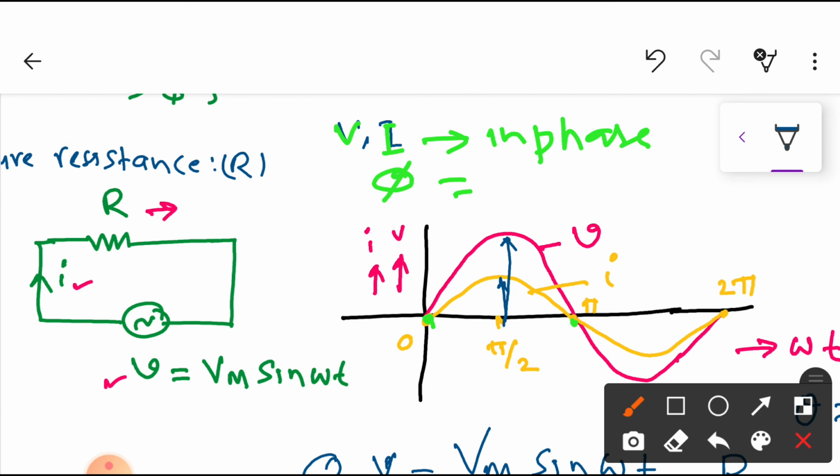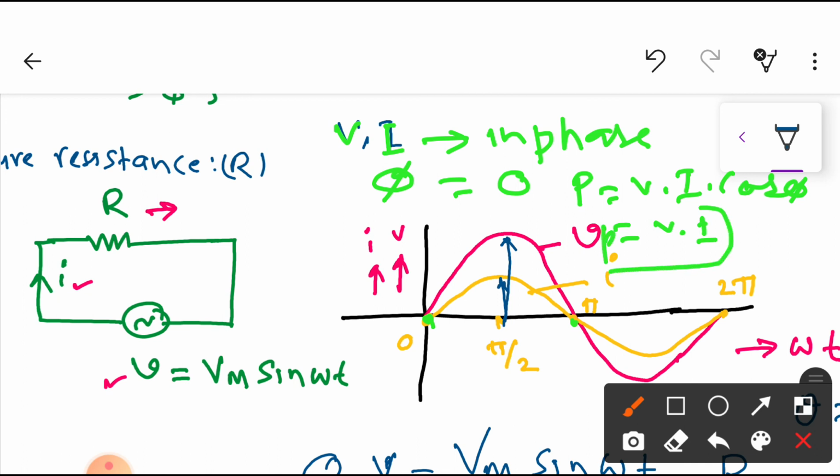So in AC circuits, phi is equal to 0. What is the phase angle? 0. Now what is the power? Active power P is equal to V into I into cos phi. The angle is 0, cos 0 is equal to 1, so P is equal to V into I only.